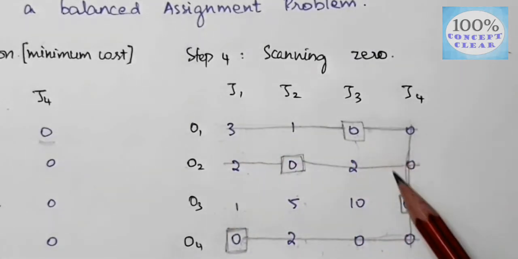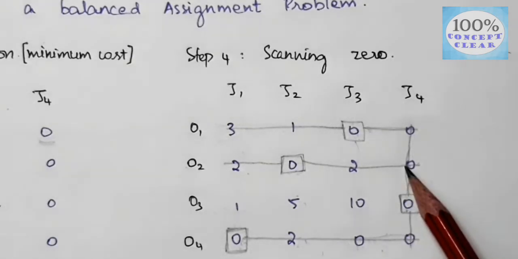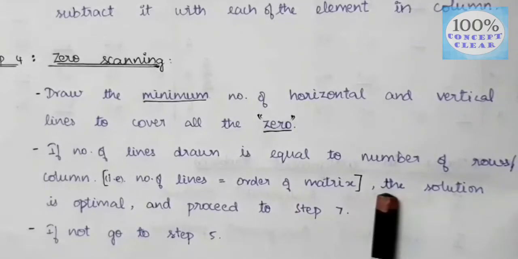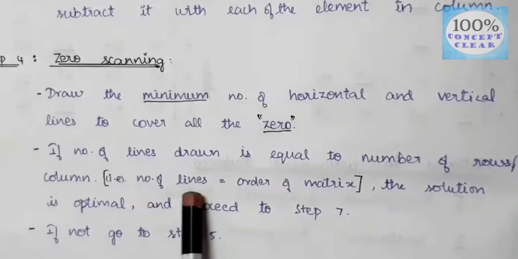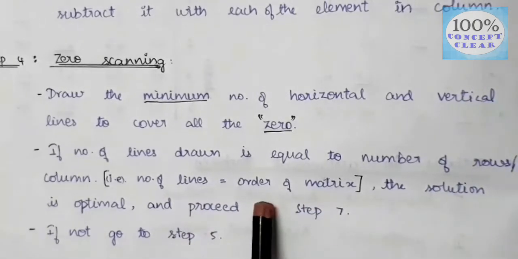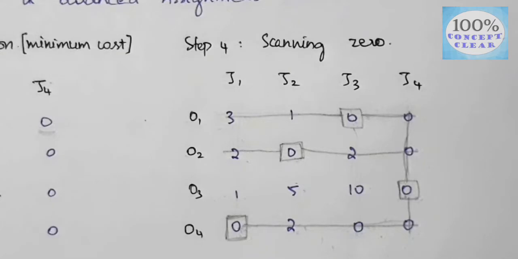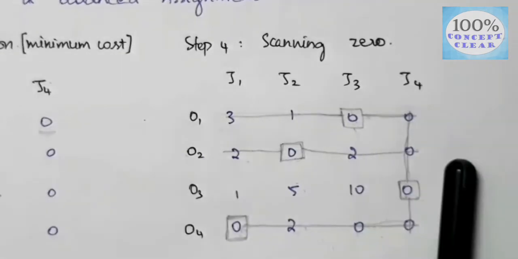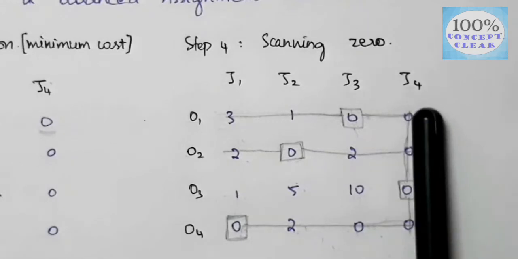So now we have drawn the lines in minimum number. So now check the condition. The condition is number of lines is equal to order of matrix. That is, the number of lines that we have drawn should be equal to order of matrix. So let us check this. Now count the number of lines that we have drawn: 1, 2, 3 and 4.